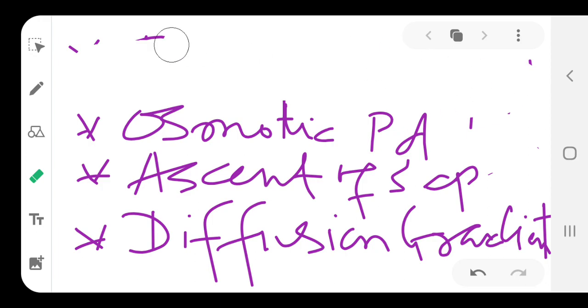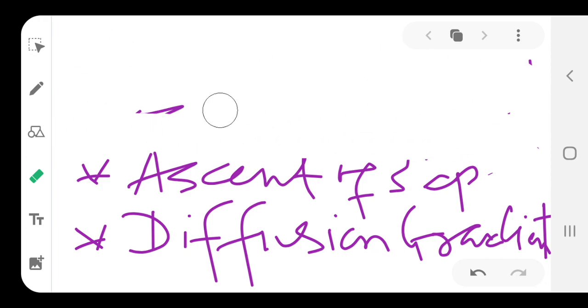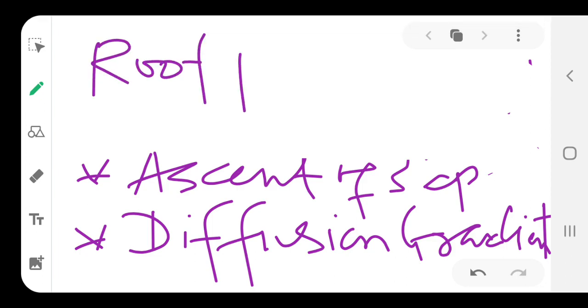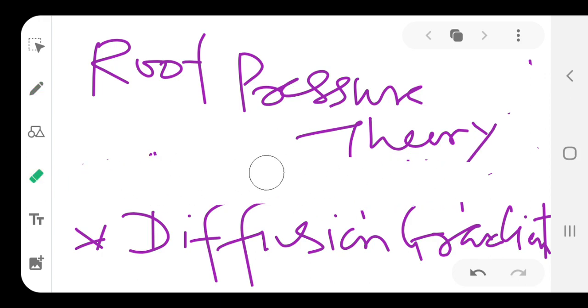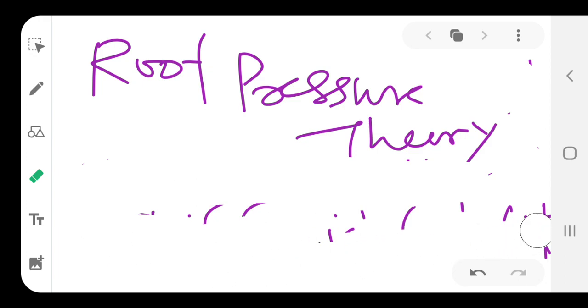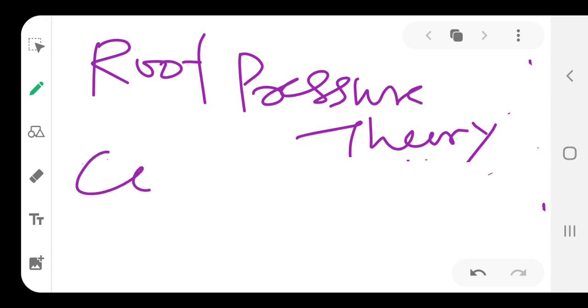Then after diffusion gradient, the next term is root pressure theory. And the sixth term you should write is cohesion tension theory. This is a new word for you all.